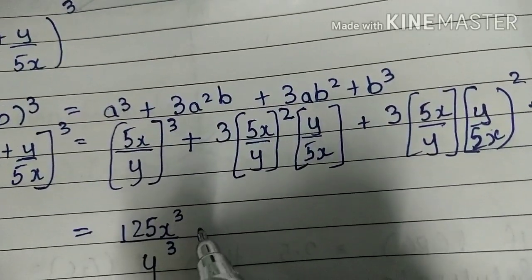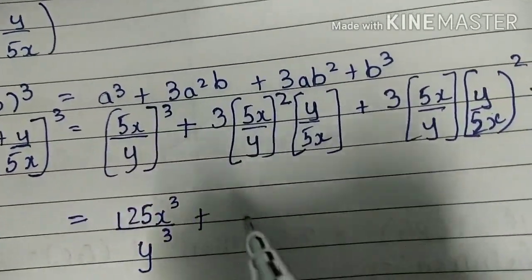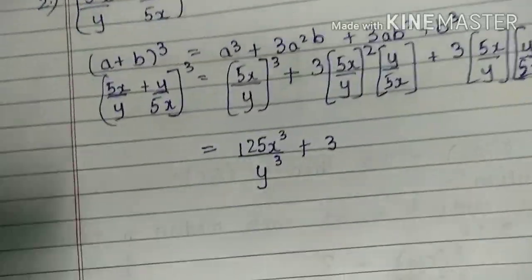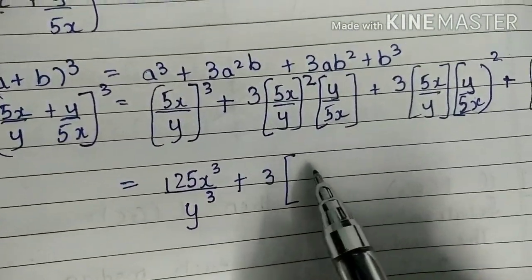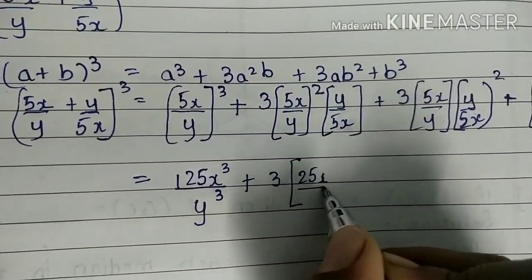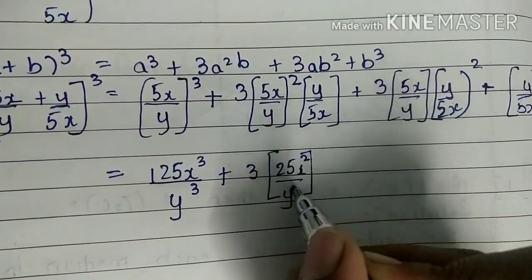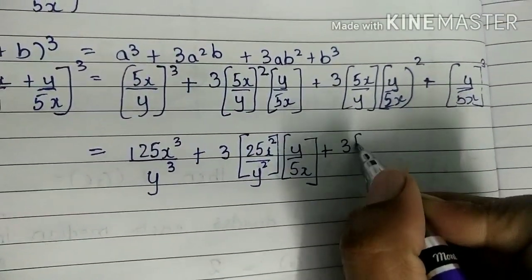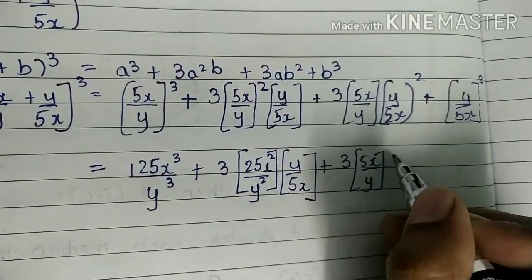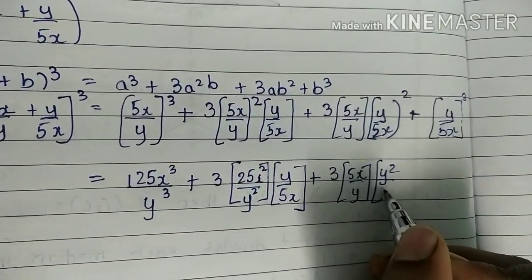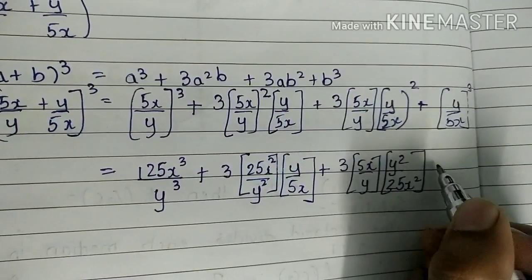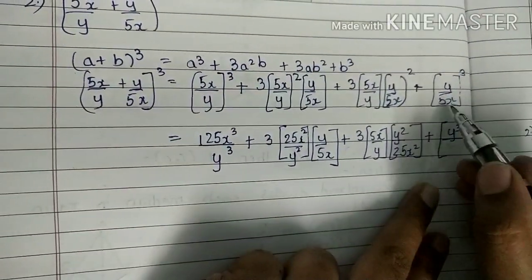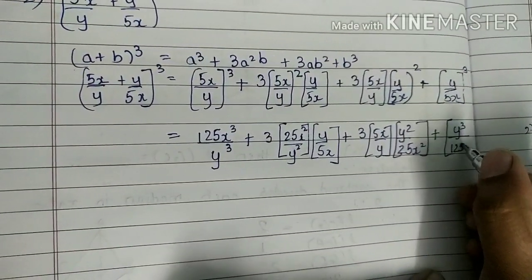So 125x cube upon y cube, because this cube applies to both numerator and denominator, plus, now let's solve this separately, that is 3 inside the bracket, 5 5s are 25x upon y, x square y square upon y upon 5x plus 3 5x upon y, and this will get squared, so y square upon 5 5s are 25x square, plus this is going to get cubed, so you will get y cube upon 5 5s are 25, 25 5s are 125x cube.